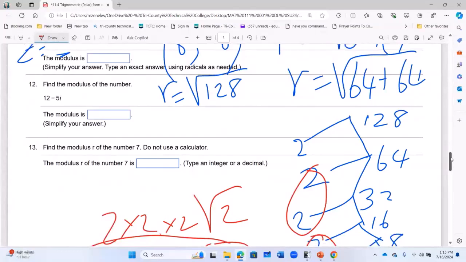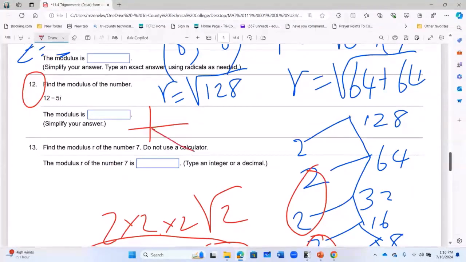All right, so find the modulus. Okay, we can do that. Modulus is the same as the radius. You draw it like number 12, so I don't want to repeat myself. The same thing, you can sketch, but you already know that this modulus is also in the 4th quadrant.